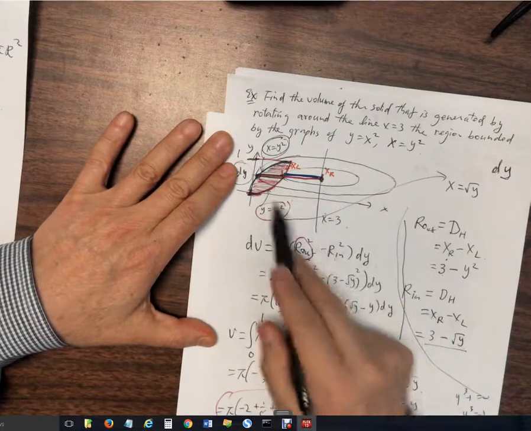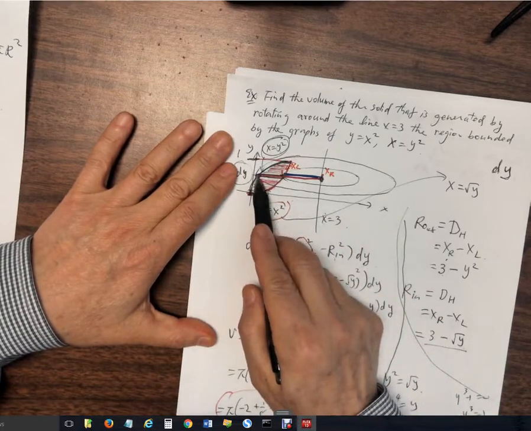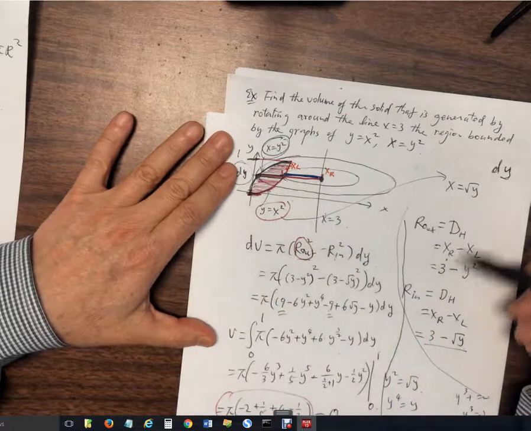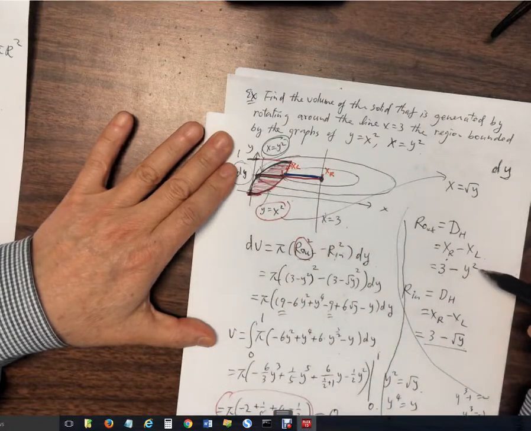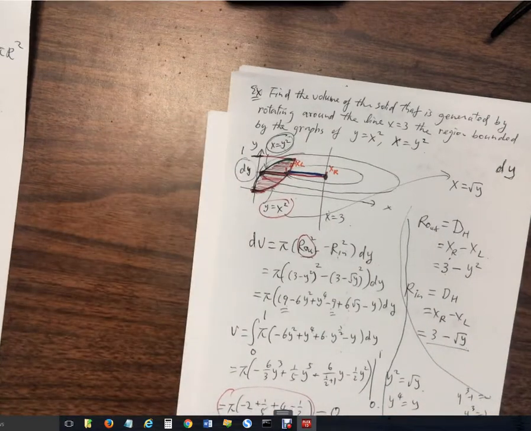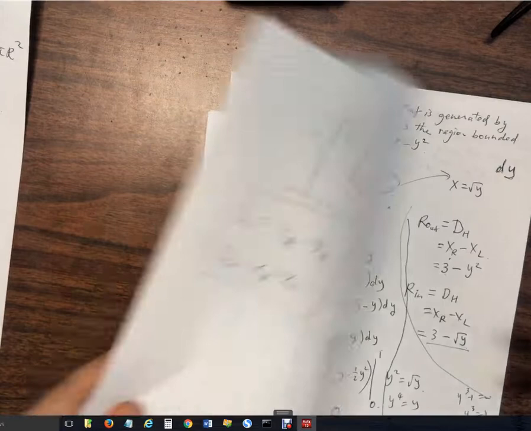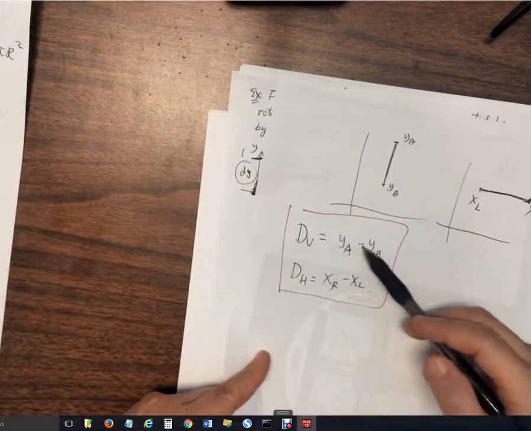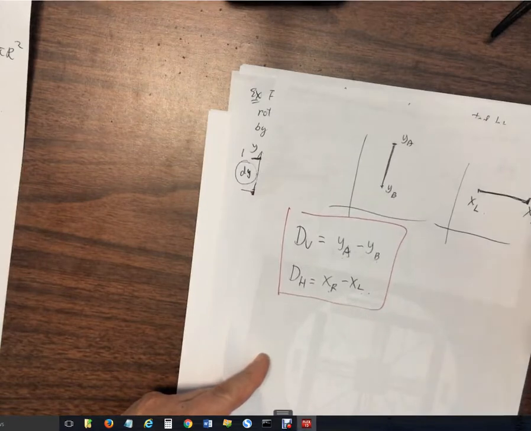Okay, R out is this distance, so it's horizontal. You go by x minus x. If it's vertical, it's y minus y. All right. So extremely important, okay? Sometimes you have both types of distance in one problem.